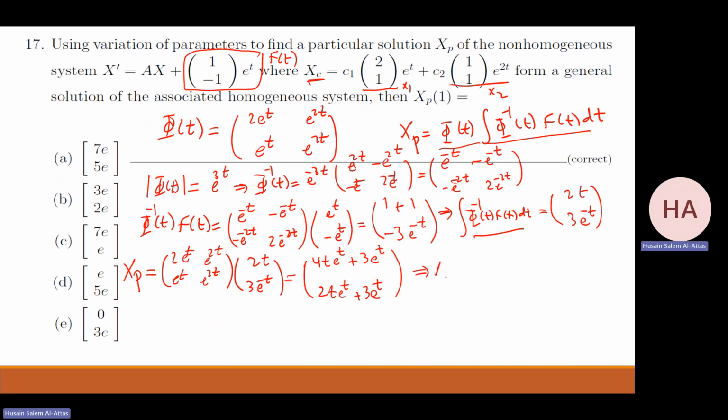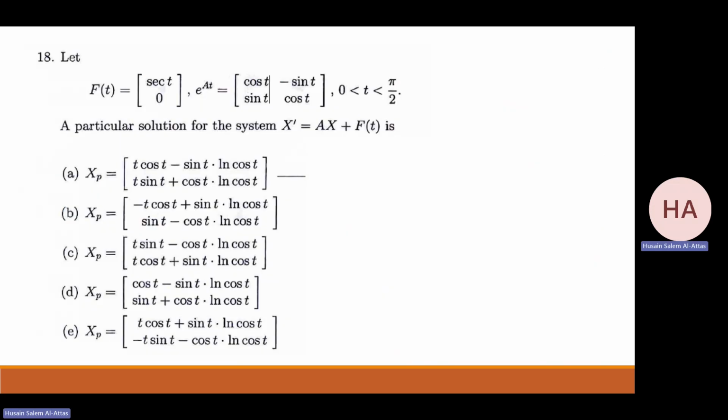So it will be xp at 1. That will be 4e plus 3e. And they have here 2e plus 3e, which gives me 7e, 5e. As I said, during the exams, calculations are easier. Now I have e to the power at, and you want me to find the particular solution given this.